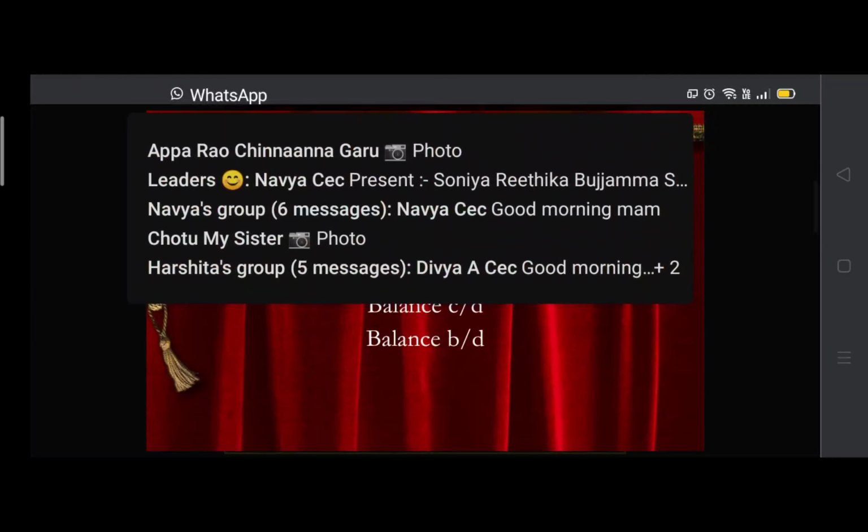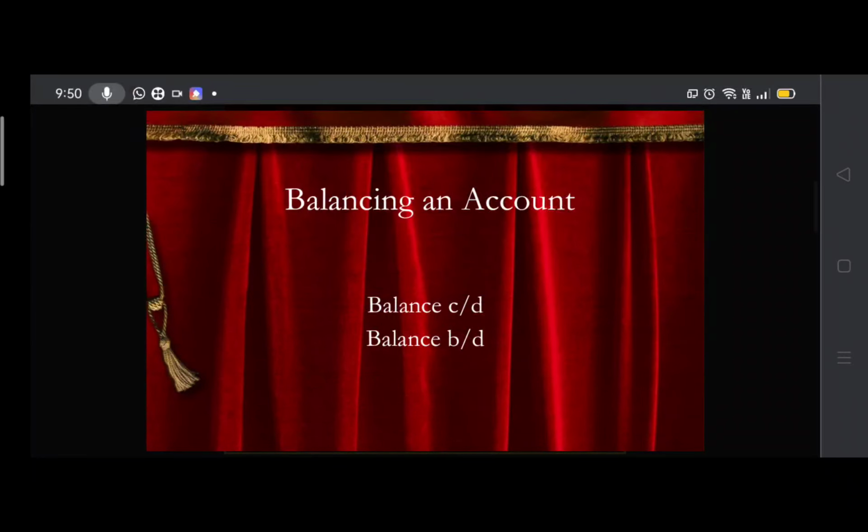When we post all the transactions on the debit side and credit side of that particular account, we check which side has the larger total, debit or credit. Whichever side has the larger total, that is written in the total column, and the same is copied to the opposite side. If the debit side is more than the credit side, it is called a debit balance, and if the credit side is more than the debit side, it is called a credit balance.